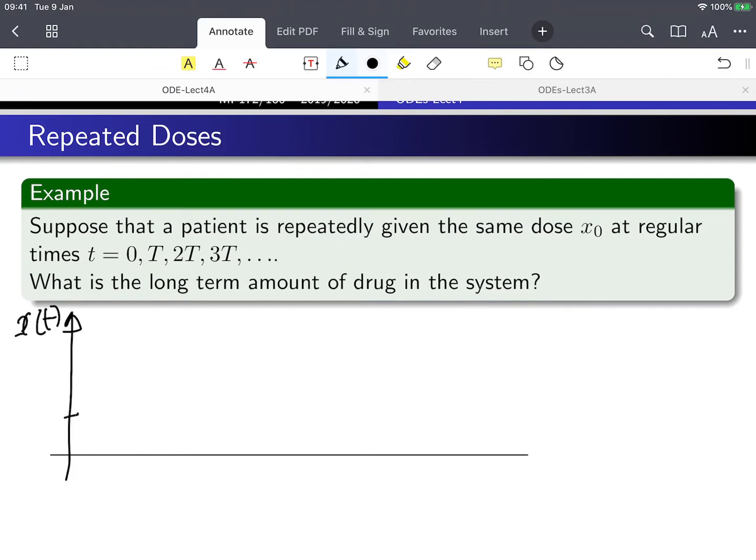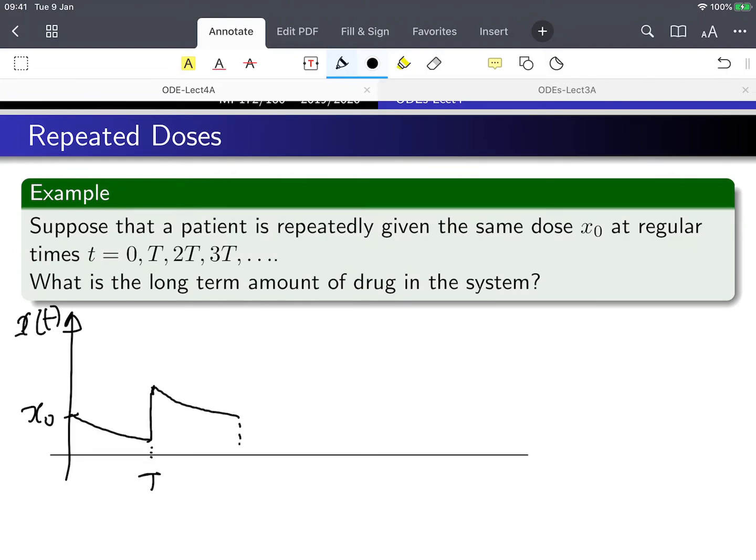I start at x0, it decays, and then at time capital T, I give it again x0. So it's going to shoot up, go above x0, and then it's going to decay again.